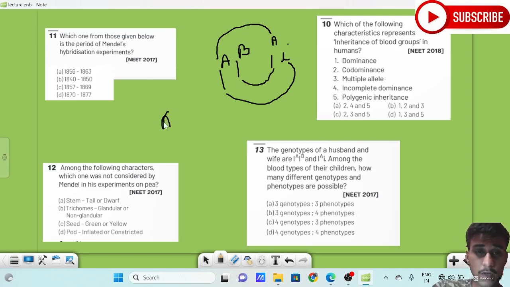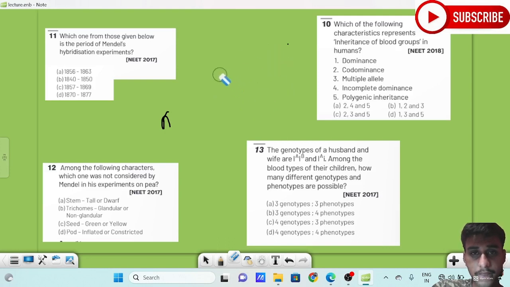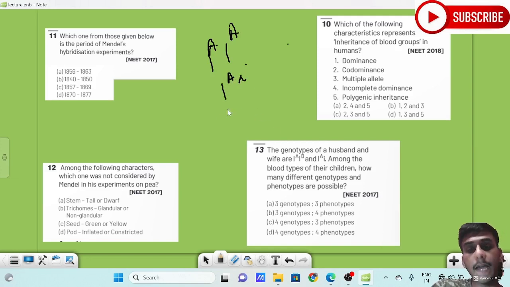So we can check the genotypes. I will write down the genotypes first, from the question: IA IA, then IA i, then IB IA, which means AB, and IB i.